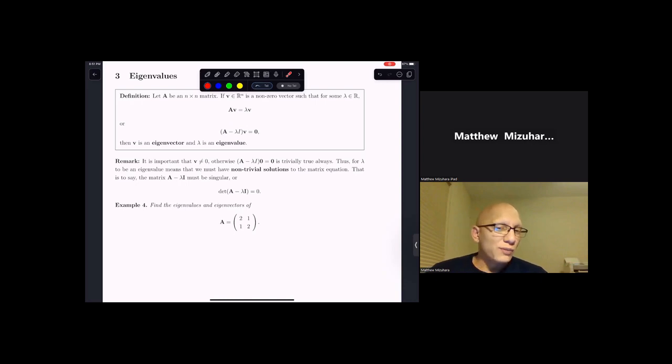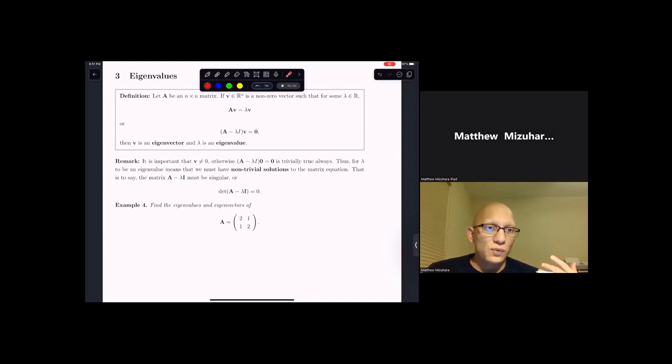Well, this key insight is what helps us come up with a solution method to find eigenvalues and eigenvectors. Because I want a non-trivial solution, that means I want infinitely many solutions to this equation. That must mean this matrix equation, A minus lambda I times that vector v equaling 0, must have infinitely many solutions, which means that matrix in front, A minus lambda I, must be non-invertible, must be singular, and must have 0 determinant, right?